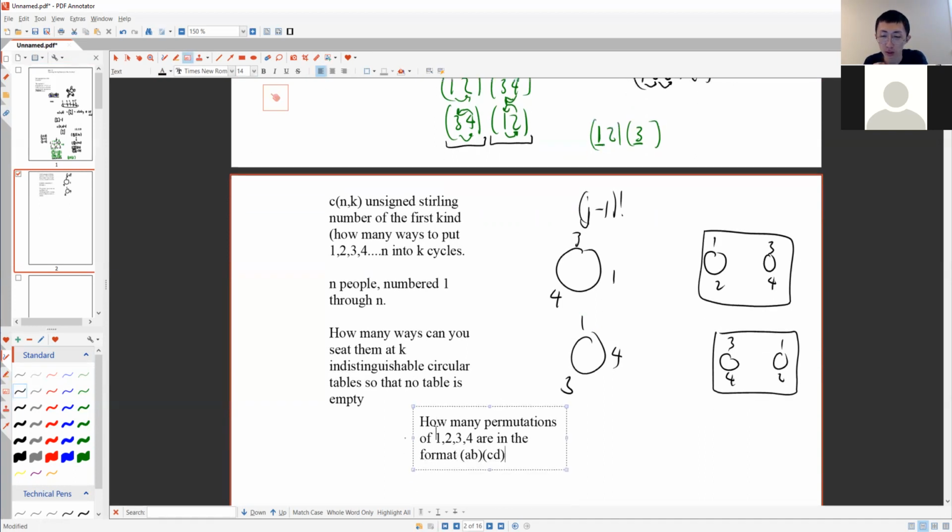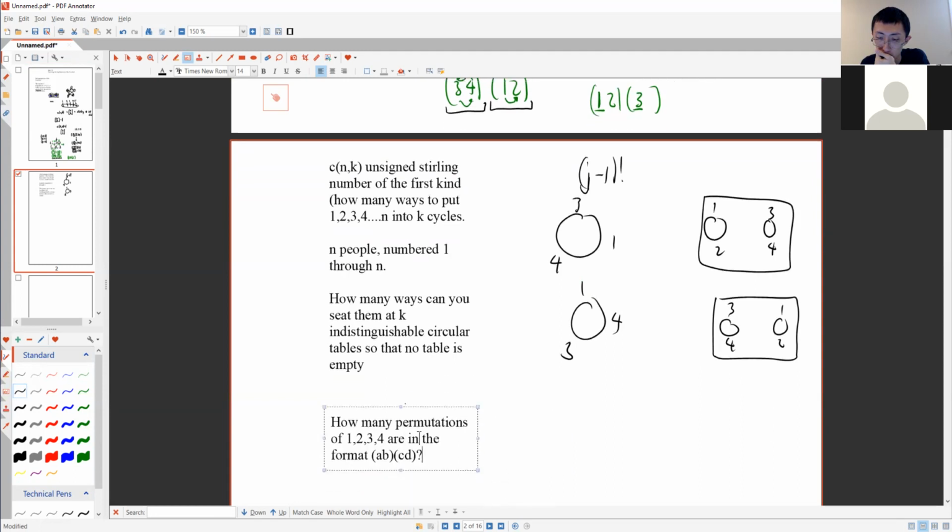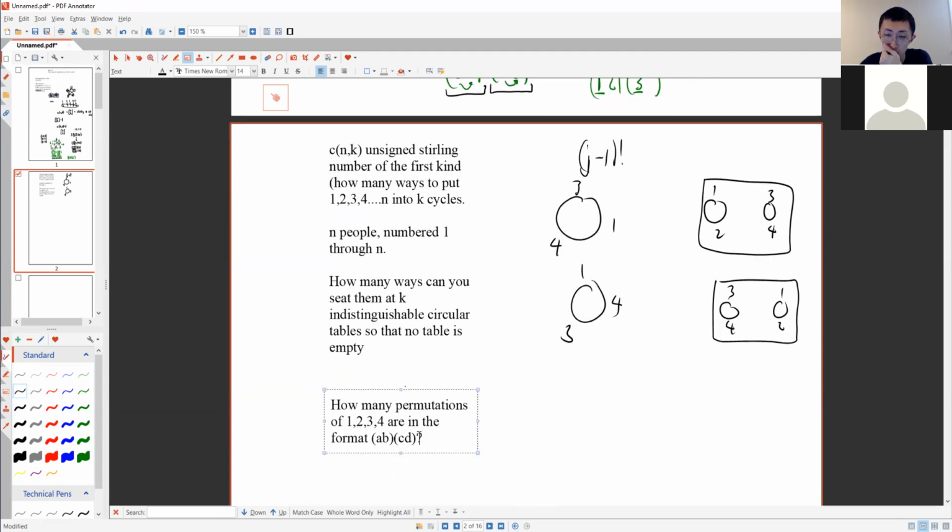Is it clear what the question is? This just means A goes to B, B goes to A, and C and D swap with each other.